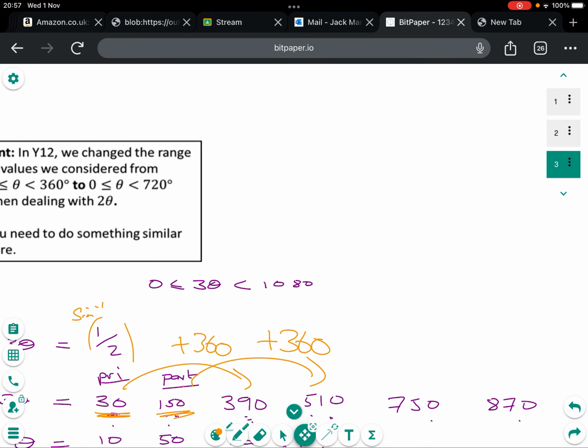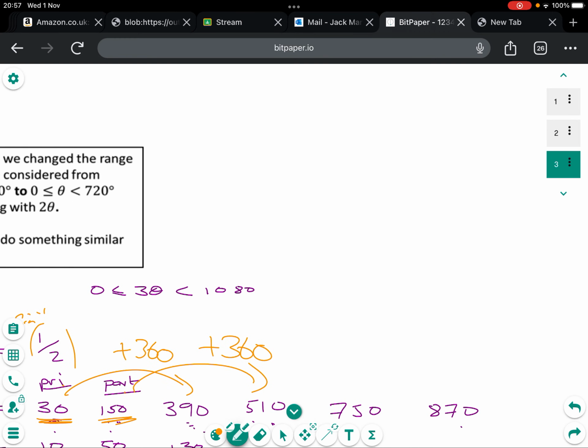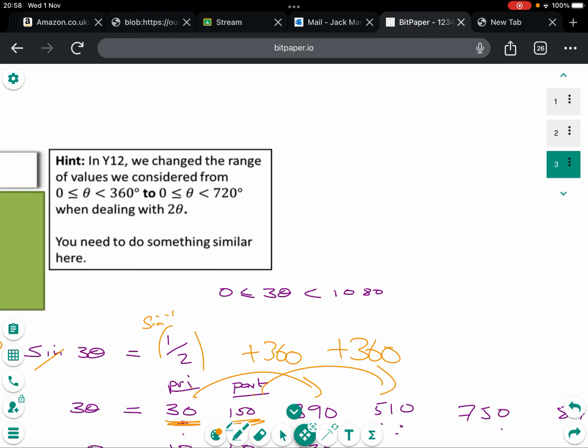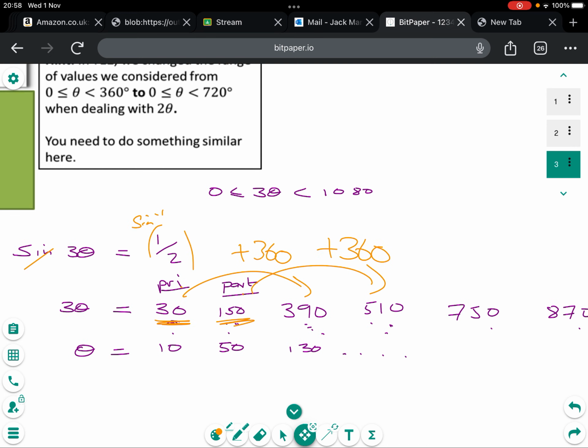And I am going to keep doing this until I'm satisfied that I don't have any further space. If you try adding 360 on there, it's going to be outside of that domain there. Okay, so we are stopping there. So that's what 3 theta equals. So what does theta equal? Well, that is where you're going to divide by 3 at the end.